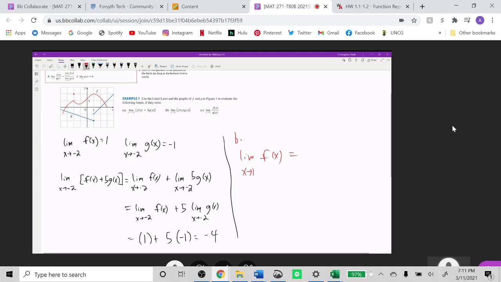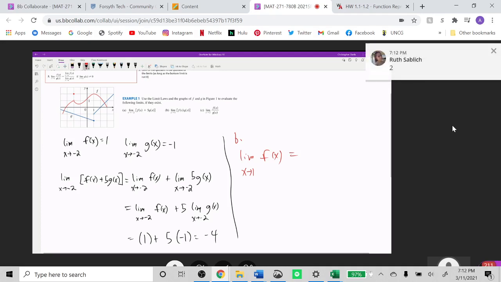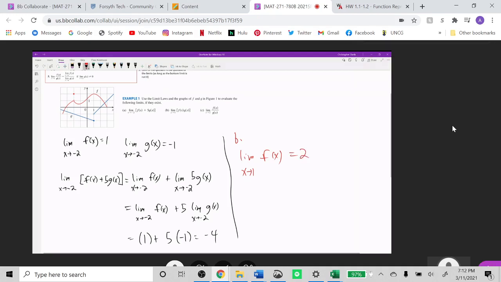What is it? Do we agree it's 2? What's the limit of g of x as x approaches 1?